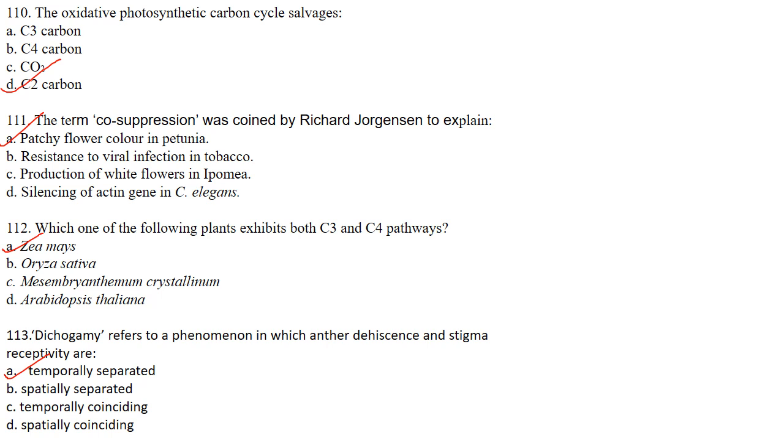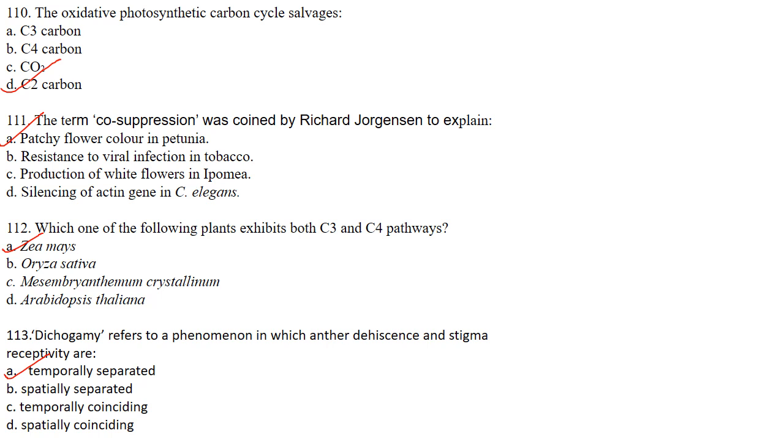Then next one. The term co-suppression was coined by Richard Jorgensen to explain. So in co-suppression, when a gene is introduced by transformation into a cell, neither the resident nor the transgene copy of the same gene is expressed. Now regarding co-suppression, they have not asked the same question, but something related to co-suppression has always been asked in DBT exams.